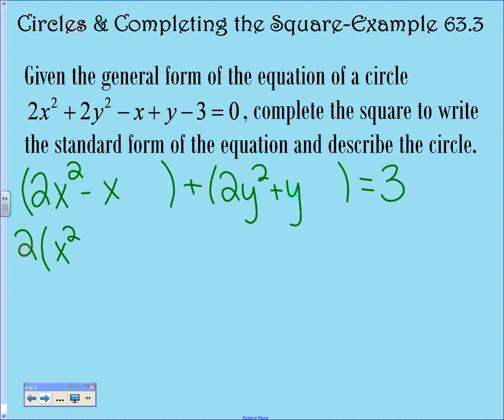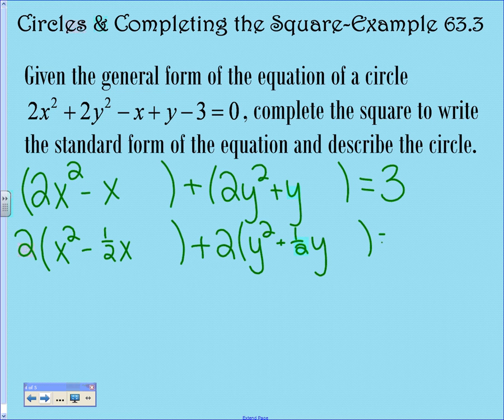So if we take the 2 out of the x squared, what does that negative x become? Yeah. What about for the y part? It would be y squared plus 1/2 y. Now we can complete the square.